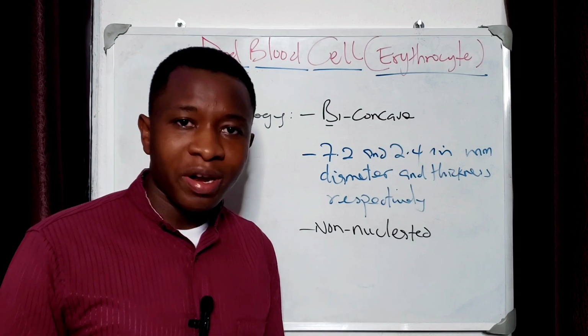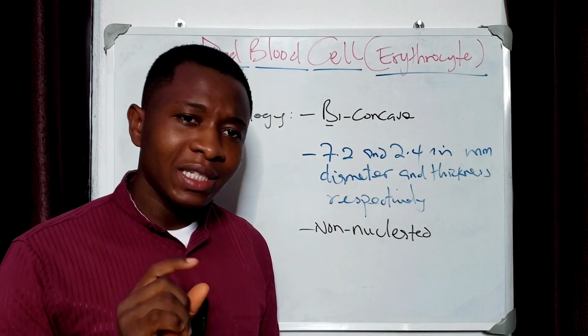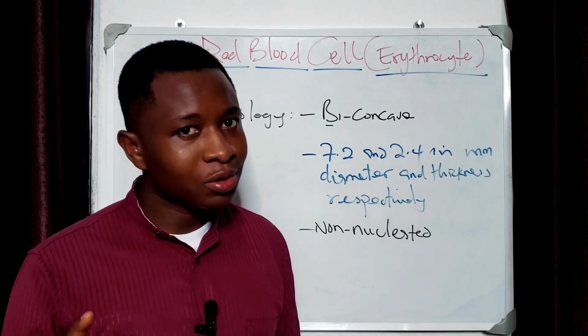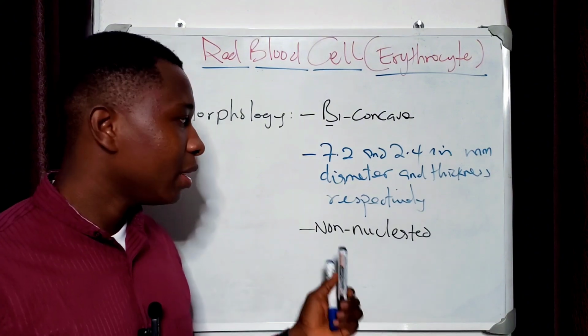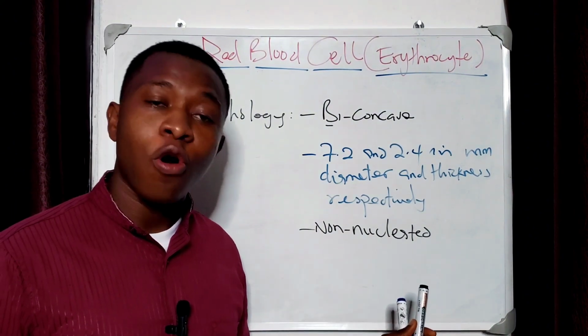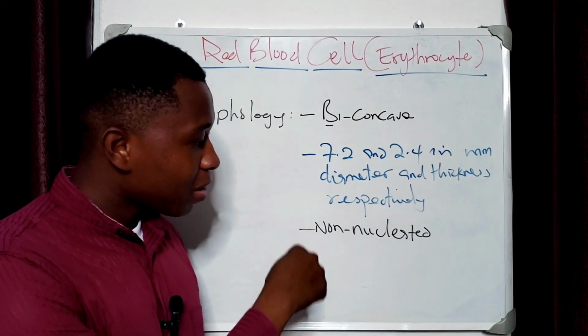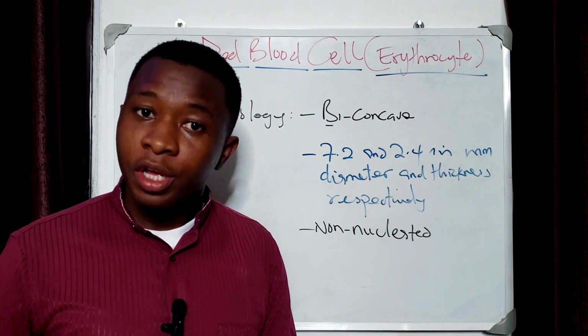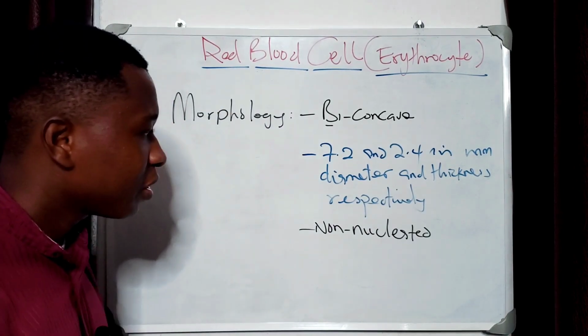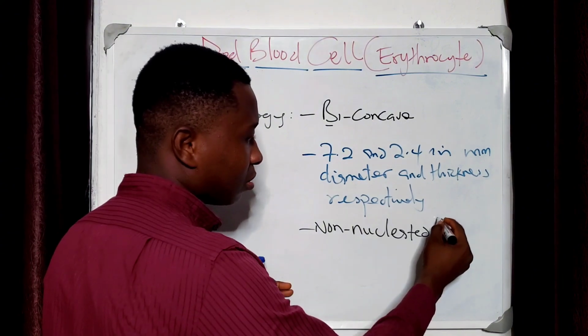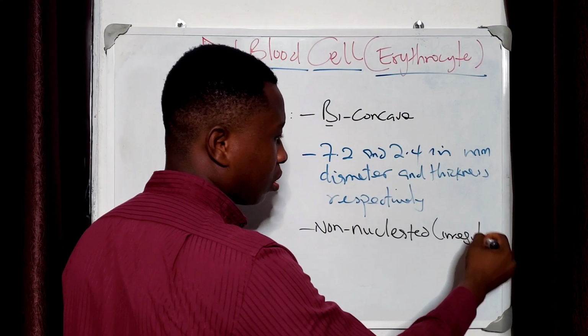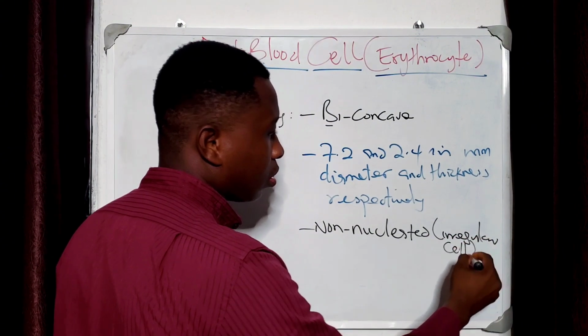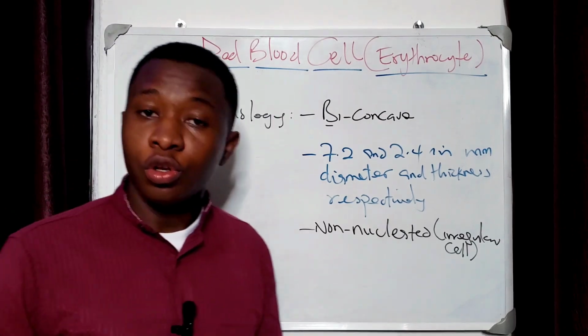So when they stain the red blood cell, if you find a dot that looks like a nucleus, that means it could be the Plasmodium parasite, because the red blood cell actually does not have a nucleus. That is why most times it is also referred to as the irregular cell, because it lacks the nucleus.